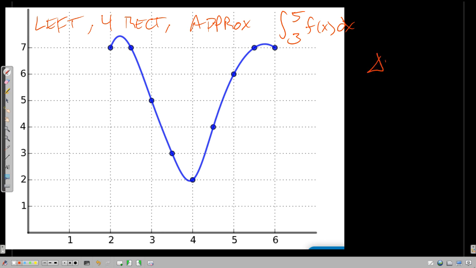So my change in x is the length of my interval divided by how many pieces I'm going to break it up into. That's 2 over 4, that's 1/2. It's a left Riemann sum, so my left endpoints are what's going to touch the curve.